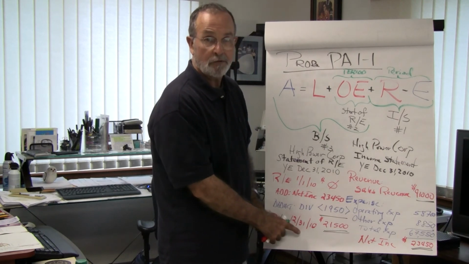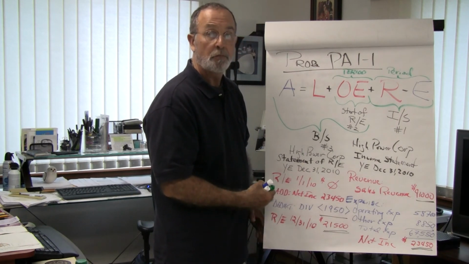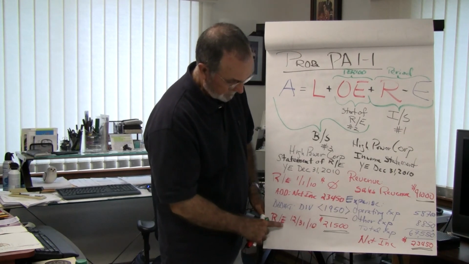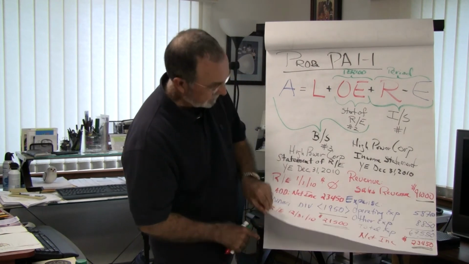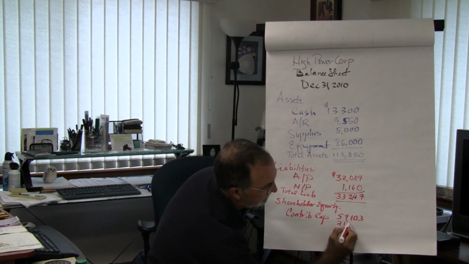And we get that from our financial statement we prepared before the balance sheet. So our retained earnings at December 31st is $21,500. So we're going to put that amount in here. And total our equity.